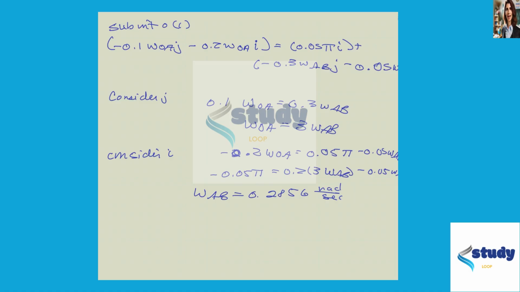And then for omega OA, we'll get 3 times 0.2856. That'll equal 0.8568.